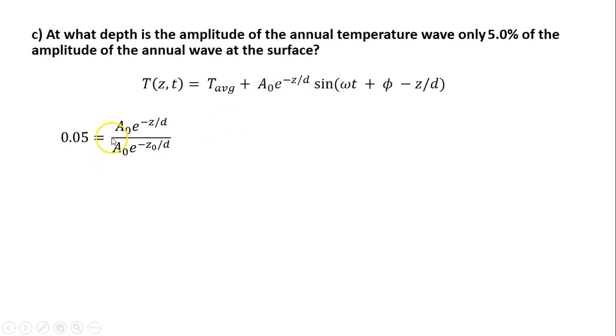And what we want is to estimate the depth of the amplitude of the annual temperature wave when it's only 5% of the annual temperature wave at the surface. So here we have a ratio of the amplitude of a wave at some depth that we don't know, that we want to calculate, divided by the amplitude of the temperature wave at Z0, the soil surface.